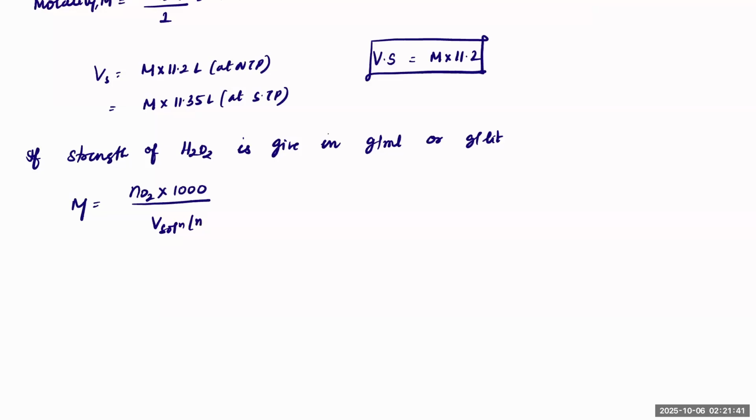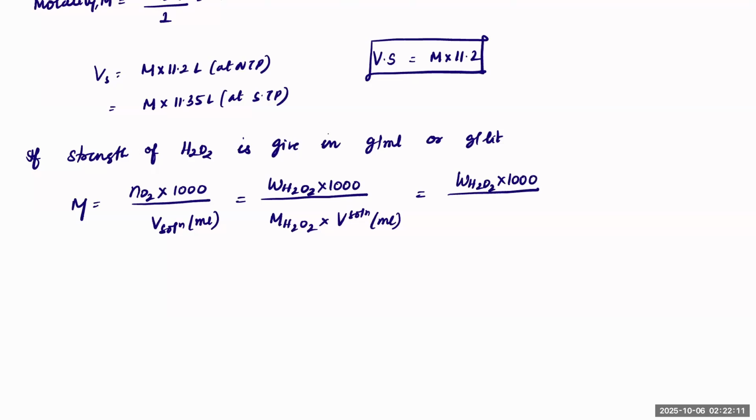This is molarity's basic definition. And number of moles can be written as weight of H2O2 divided by molar mass of H2O2. So molarity equals weight of H2O2 into 1000 divided by 34 times volume of the solution in ml.